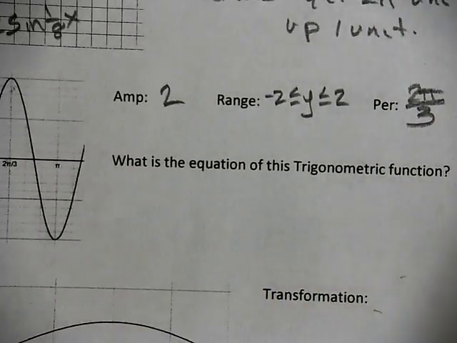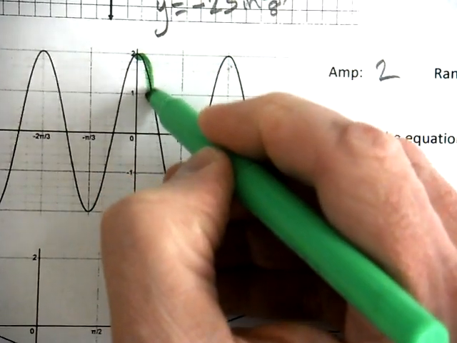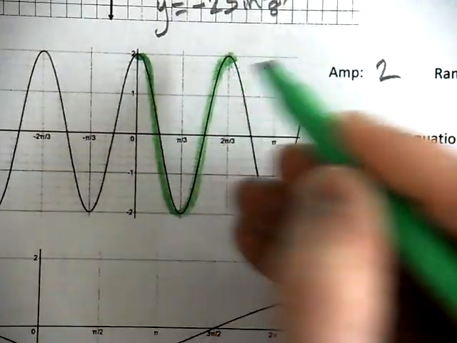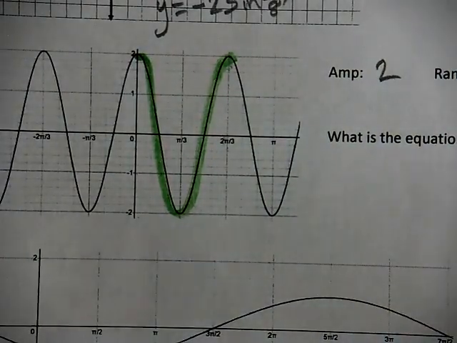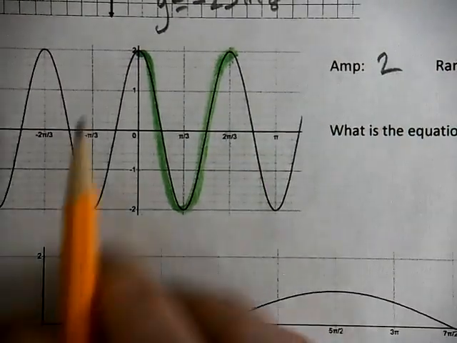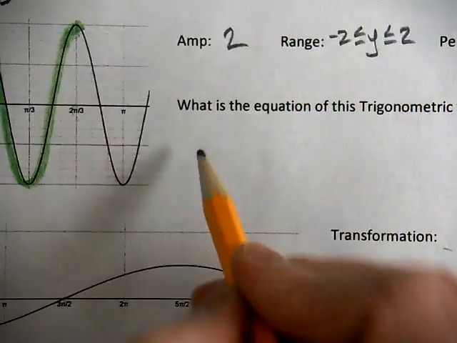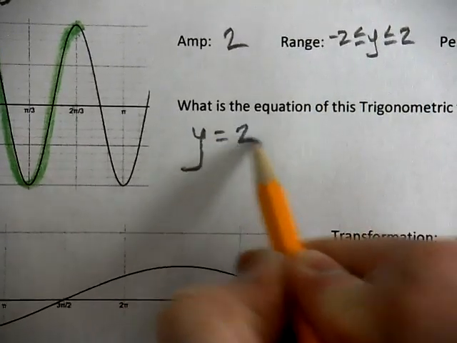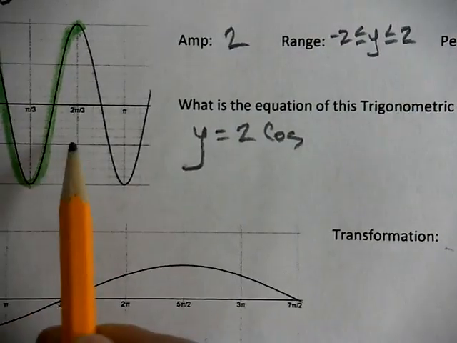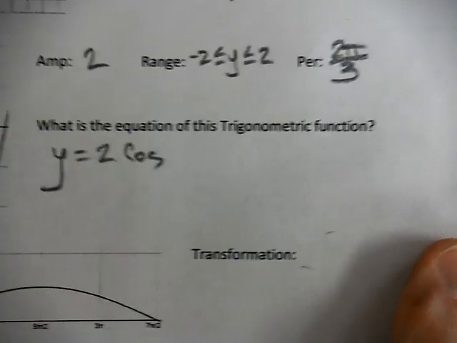Now, if we were going to write an equation of this, I'm going to focus on the easiest equation we can do, and that would be this one right here, focusing on that as a cosine graph that is not reflected, is not translated. So our amplitude is 2 cosine. Now the question is, what is B? This is a tricky one.